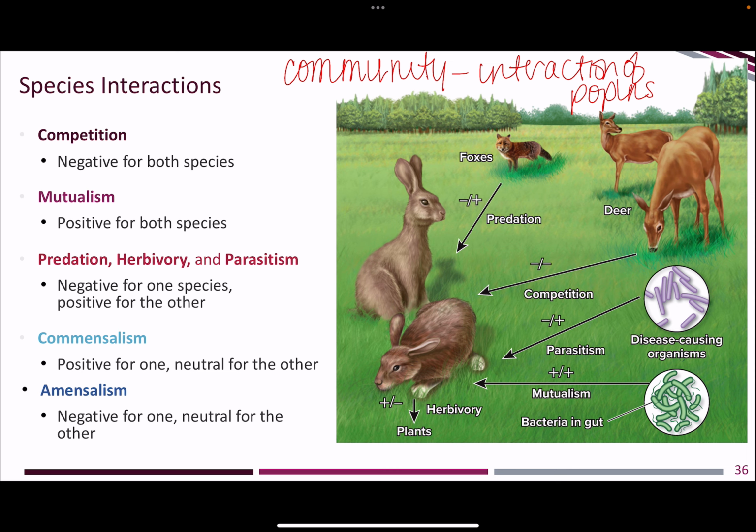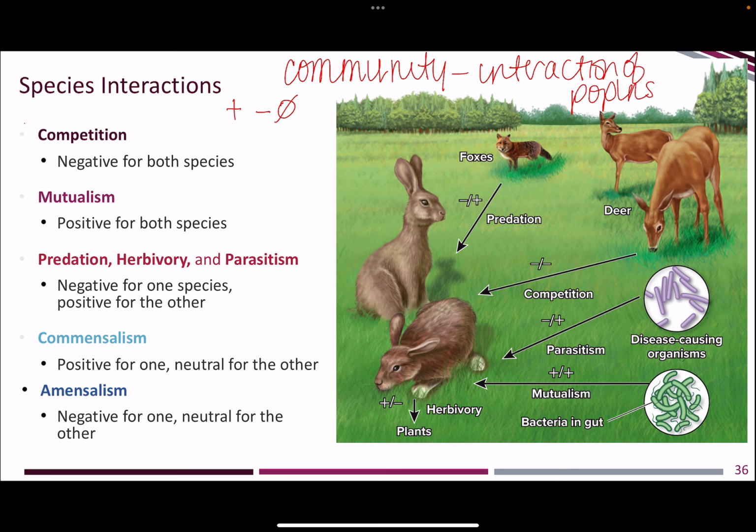So there are several different general types of interactions. We've got these interactions based on whether or not they are positive, negative, or neutral for the organisms involved in the interaction. So this picture is really great because it shows the first 3 interactions on our list, and it just shows you how they are interacting with one another.